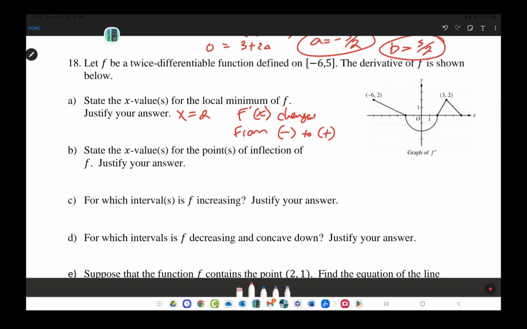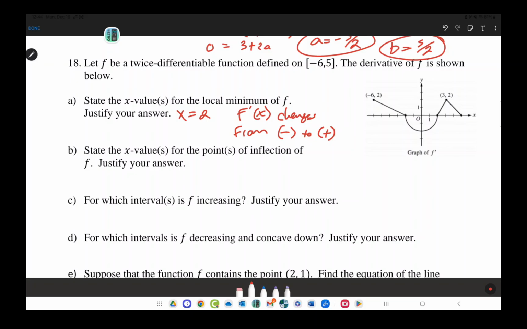Now state the x values for the points of inflection on f. In order to have a point of inflection based upon your derivative, it's where your derivative has a turning point or where your derivative is not differentiable, and it changes from increasing to decreasing.